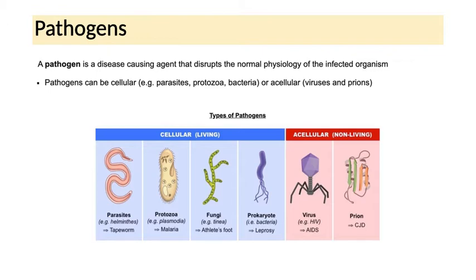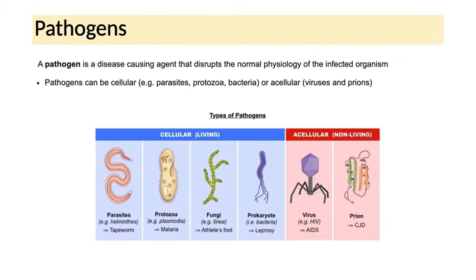I hope you remember the definition of living things means the organism can do the 7 living functions. But if you still remember, a virus cannot reproduce by itself, but it actually hijacks the host reproductive system so that the host, rather than producing proteins for itself, will produce proteins for the virus.